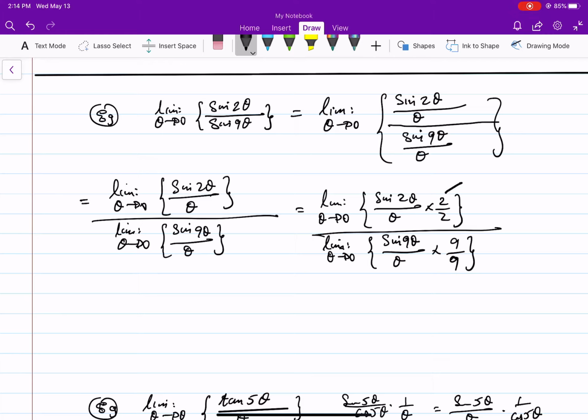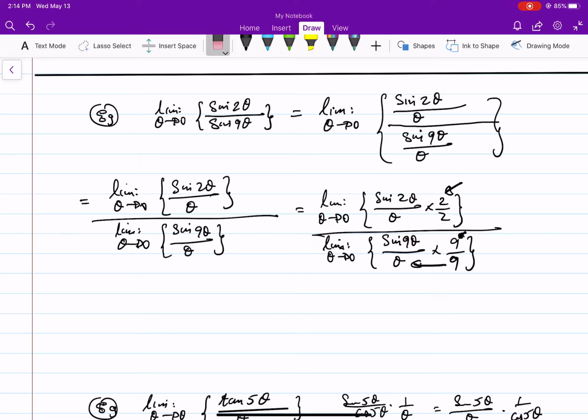This numerator 2 will be factored out, and this denominator 2 will slide together with that theta there. Similarly here, this numerator 9 will be factored out, and this denominator 9 will pull it together with that theta.